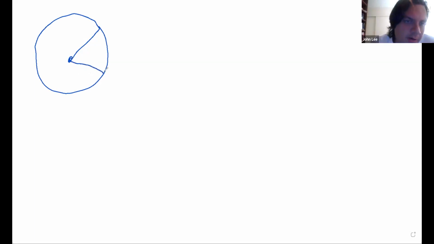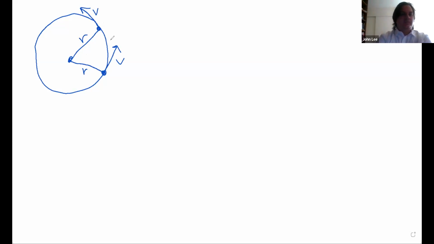So you go from this point with some velocity v and some distance along the circle r to this point with the same velocity v and the same distance along the circle r.